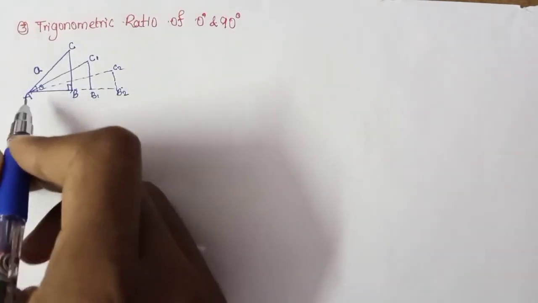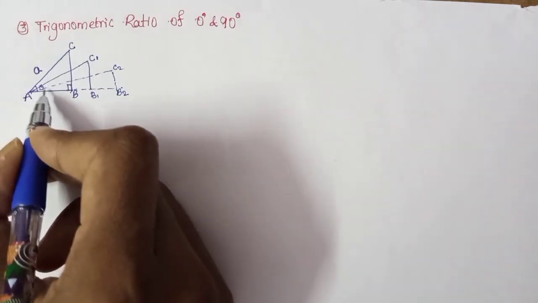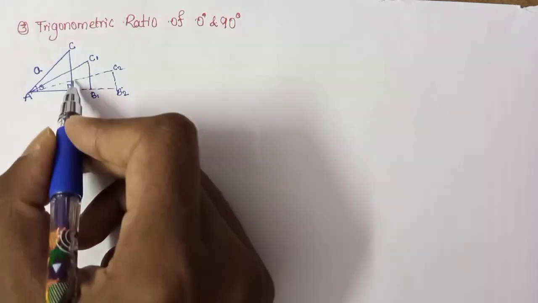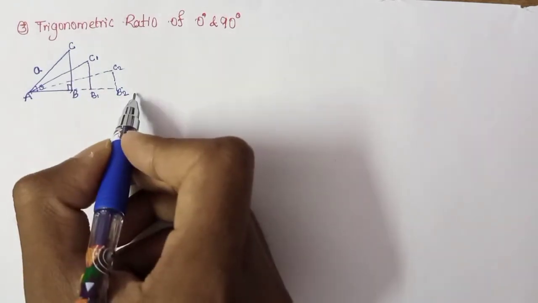Initially AB is this much, and next if theta decreases, this is AB1, AB2. That means BC decreases and AB increases.